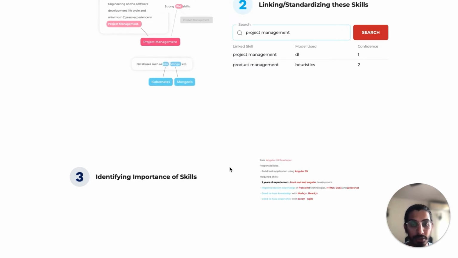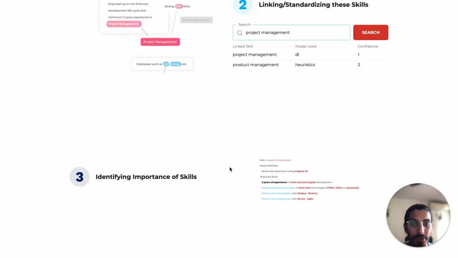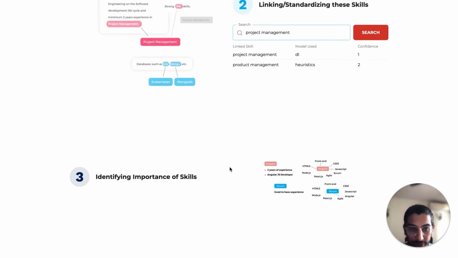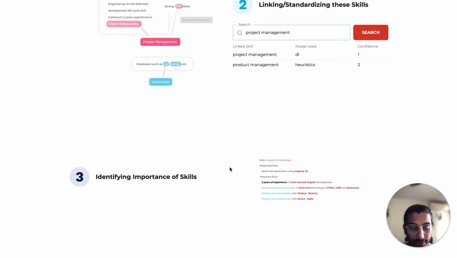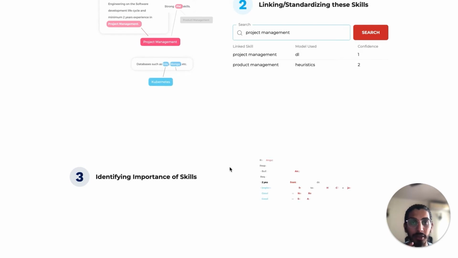The system looks at multiple patterns: how a skill is connected to other skills in the same sentence, in the complete job description and other sections, how it is connected to the titles, and what the sentiment for that skill is in that sentence, job description and section, along with other proxy attributes.